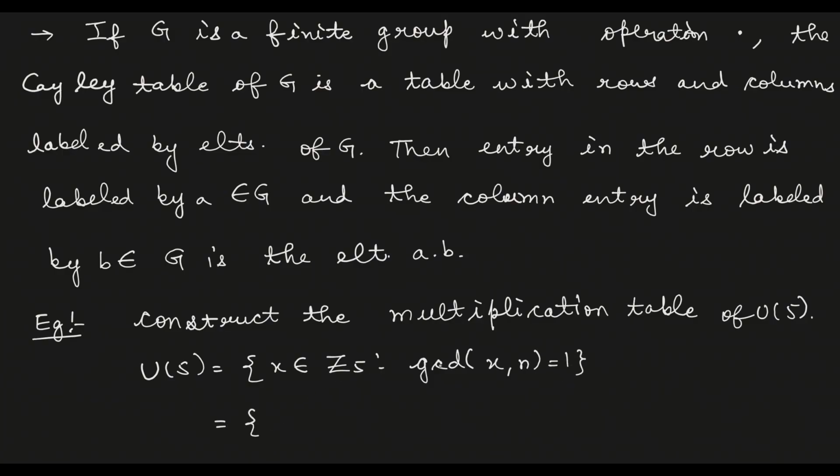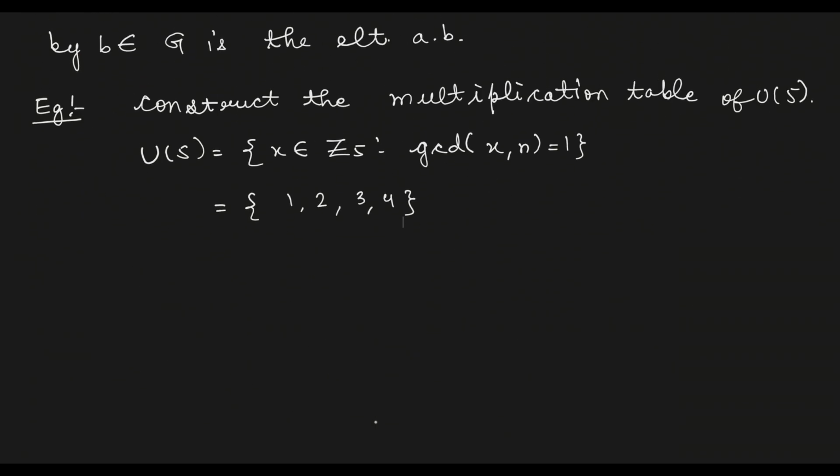So can you tell me what will be the elements in this? One, two, three, four. All these elements will have GCD 1 with 5.